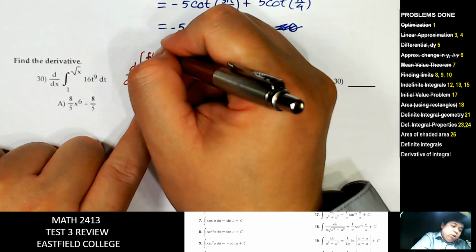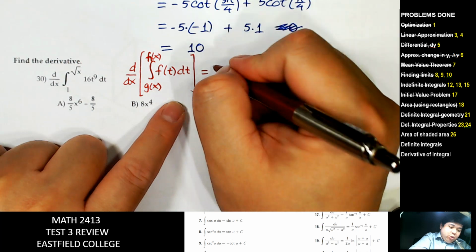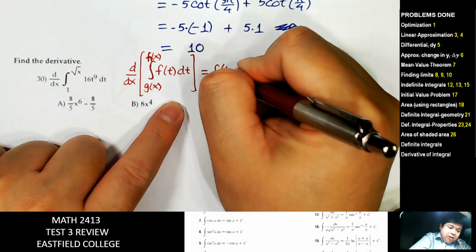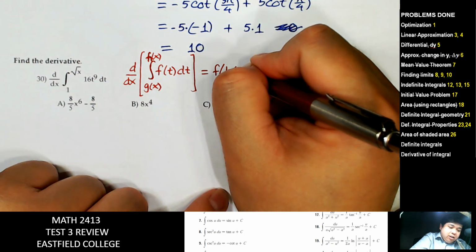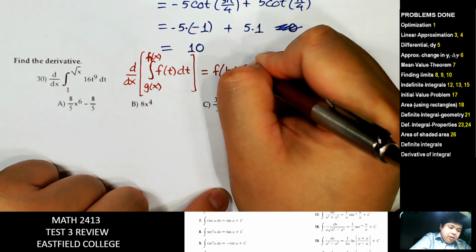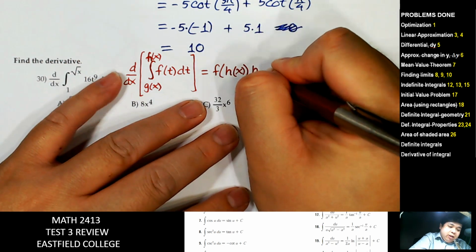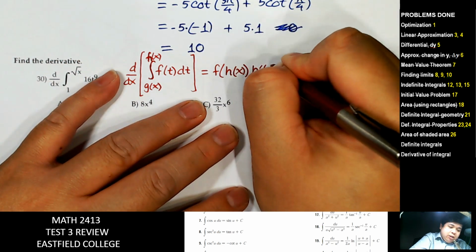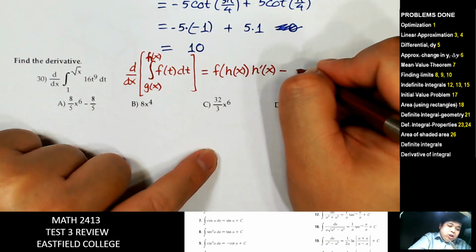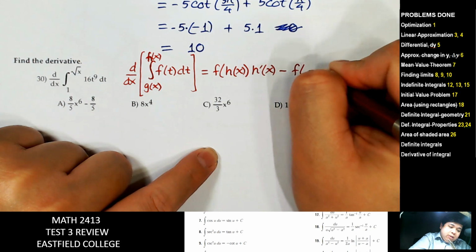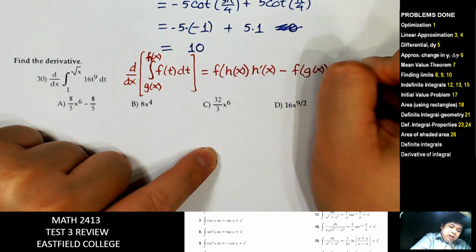So first we're going to put h of x into the t here, so we have f of h of x, and then we have the derivative of h, minus, we put in g of x, and then the derivative of g.